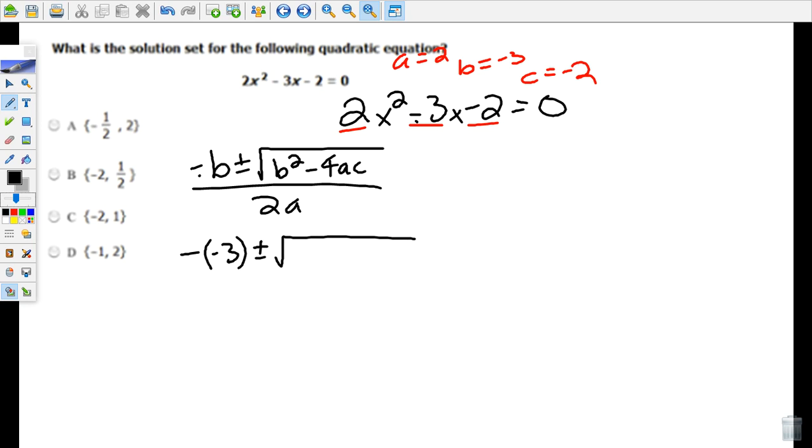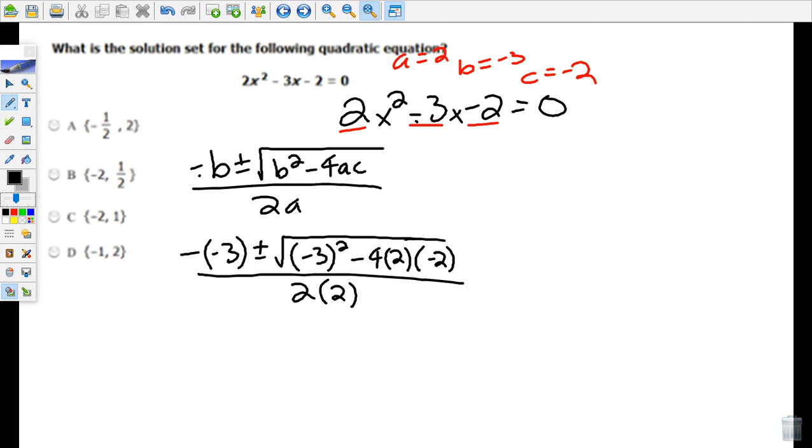The square root of b squared, again, I'm going to use my parentheses here, so that my calculator doesn't make any mistakes. Minus 4 times a, which is 2, times c, which is negative 2. And then all divided by 2 times a, which is again 2. So let's start cleaning it up a bit. The negative 3 will become a positive 3. The square root, negative 3 squared is going to be a positive 9.